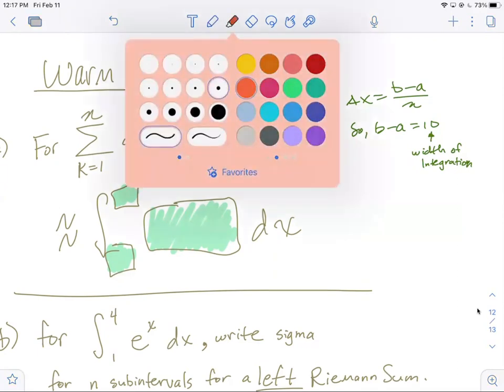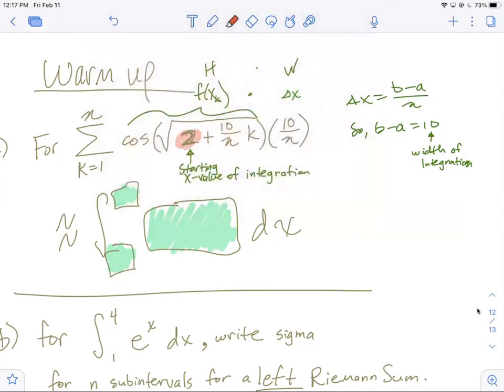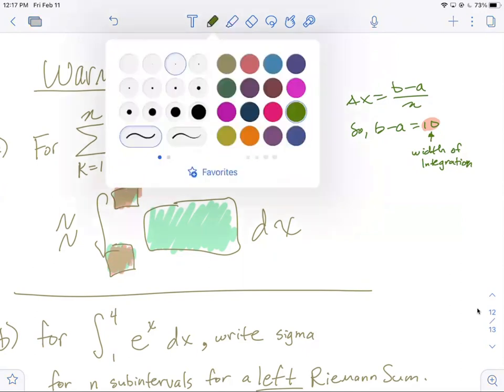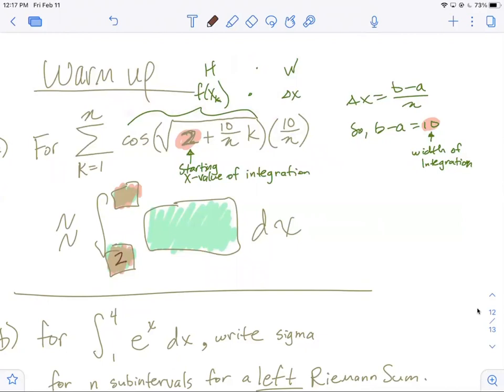Based on that piece and this piece over here, you should be able to figure out your intervals of integration down here, because we are going to start with the 2. So that's 2. And then I need to integrate up to where to get a span of 10. I need to go to 12. Yeah. So that gives us 12 minus 2 is 10.